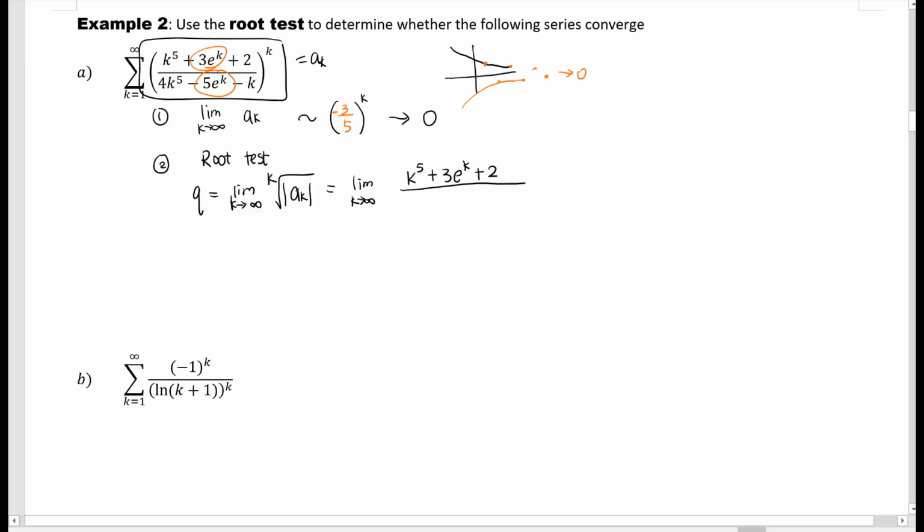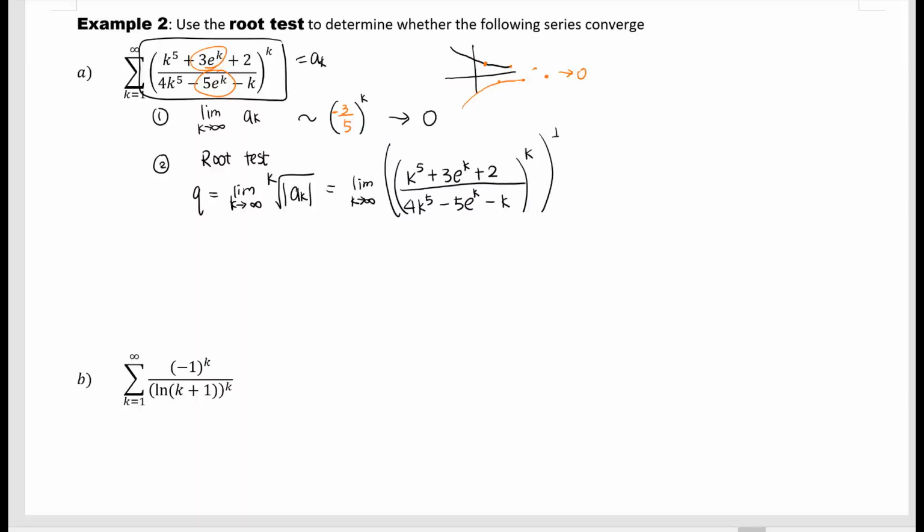So we have 4 k to the fifth minus 5 e to the k minus k, to the k, this is a sub k. And then when you take the k-th root, what happened?